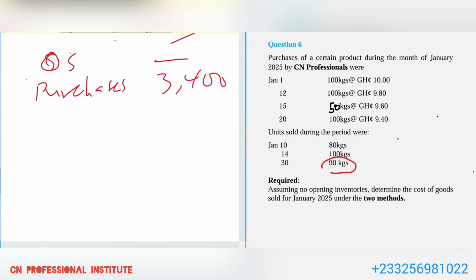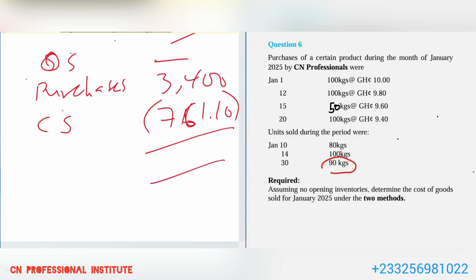So all the purchases is 3,400, and the closing stock is what we just computed, right? It's 761.10. So you less the closing stock, and you get the same answer, 2638.90, right?